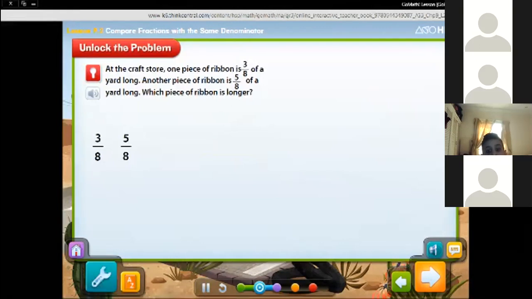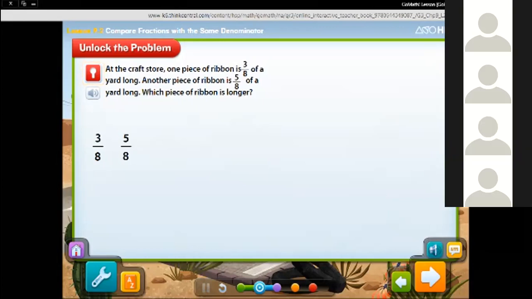Let's see 2 other ways to compare fractions. What fractions are you comparing? Yes, Anatash? Read this one, please.